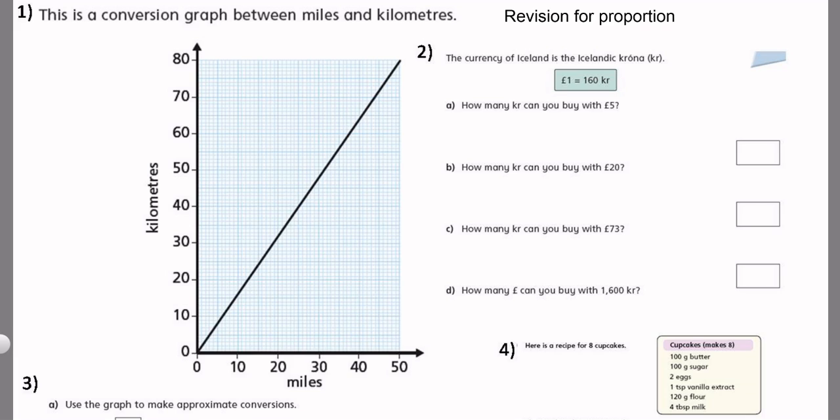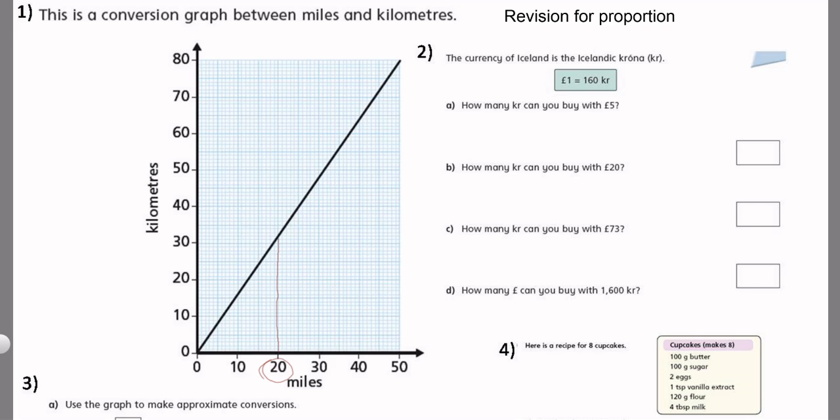If you look at this carefully then, let's suppose I want to change 20 miles. I want to know what 20 miles is over here. What's 20 miles converted to kilometers? So you find 20 miles and then you put your ruler at 20 and then you draw a line going straight up.